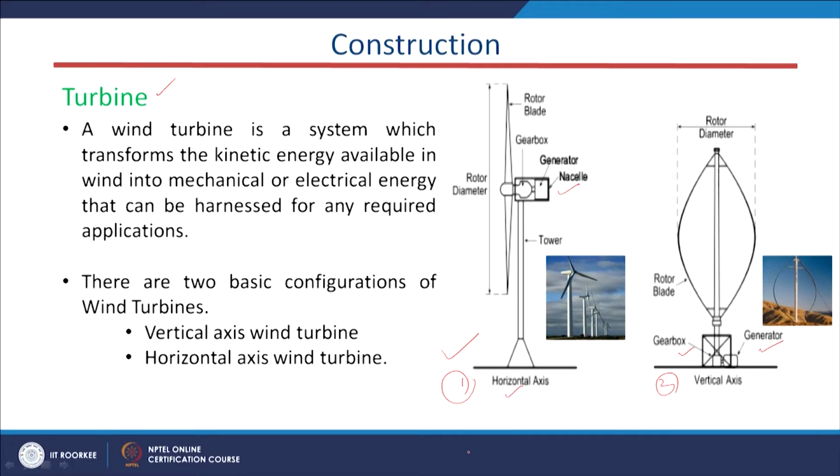Another point is the diameter of the rotor blade, the rotor which rotates. In the horizontal type, the diameter is measured horizontally, but here the rotor diameter is measured vertically. So, that is how these two systems or structures are different from each other.